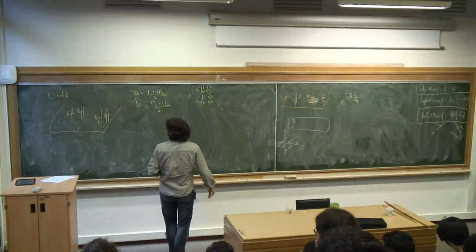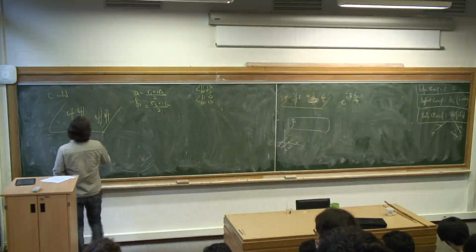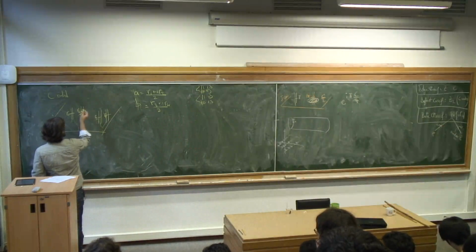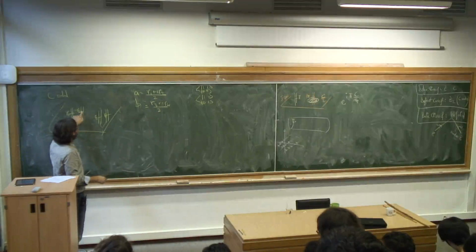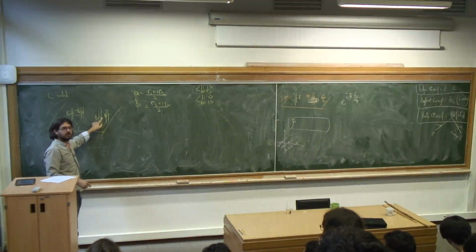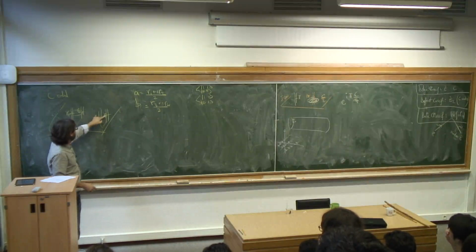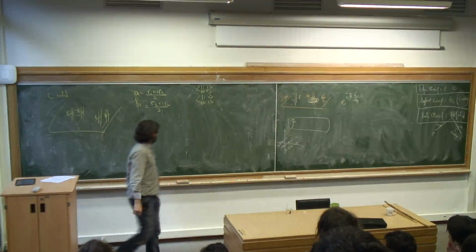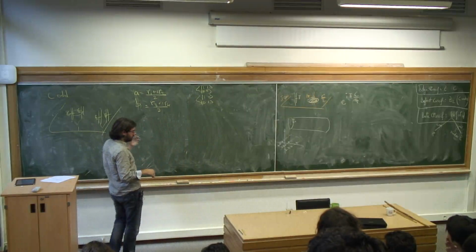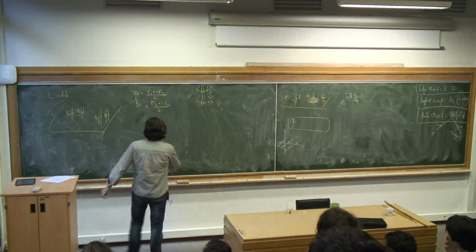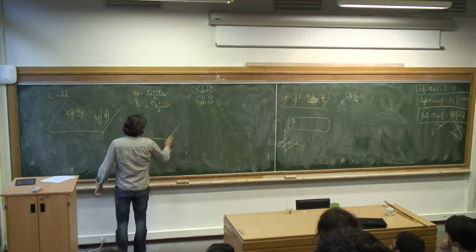Now I'm going to ask what happens once I exchange this with this. And then I'm going to ask what happens once I take one around the other. So let's see what happens. The fundamental thing is what happens when you exchange two.